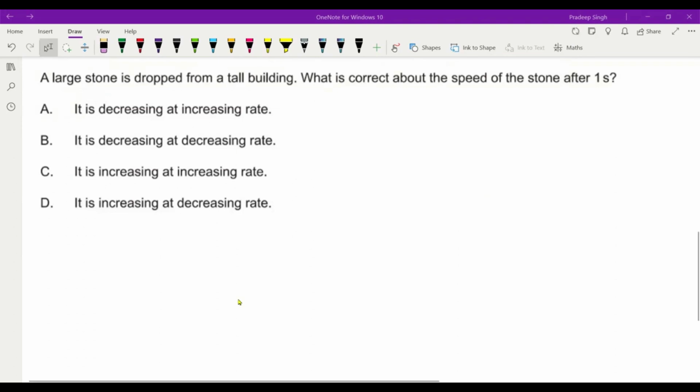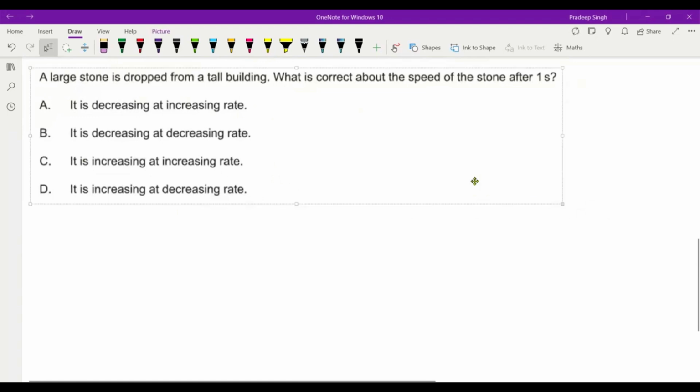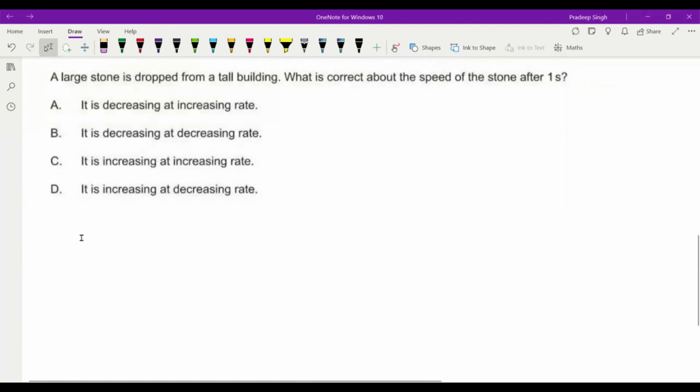And I think it's D. Increasing at decreasing rate. So both of you have got completely opposite answers. So, check. Oh yeah, sorry. I had a brain fog. It is D. Okay, that is correct.